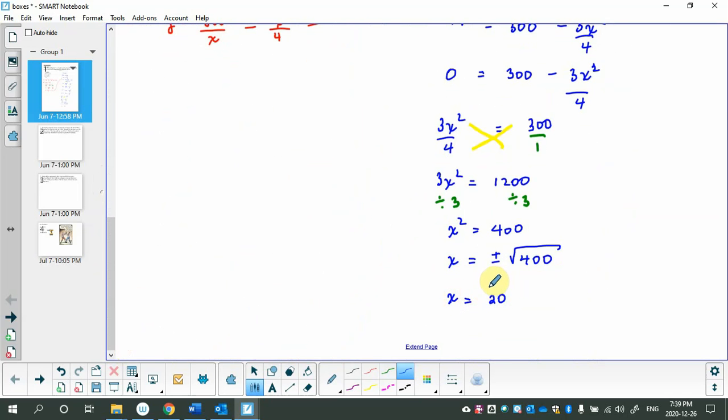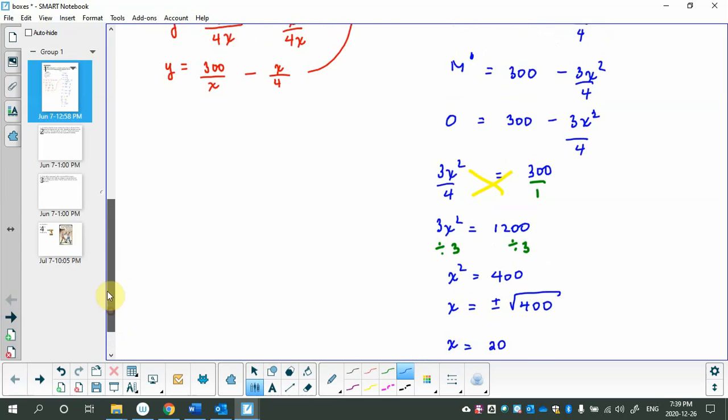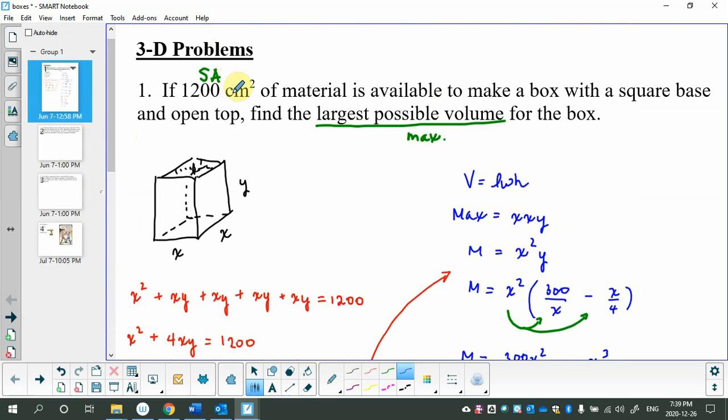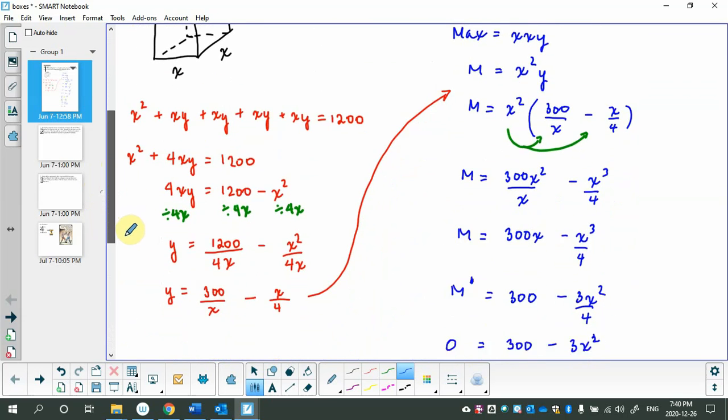If it was a number question and we ended up with plus and minus 20, that would be fine. You would have to accept both. But this is a question about the sides of boxes. So now that I have x equal to 20, I know that according to my picture, the base is 20 by 20 centimeters. I just need to know how tall this is, and that's y.